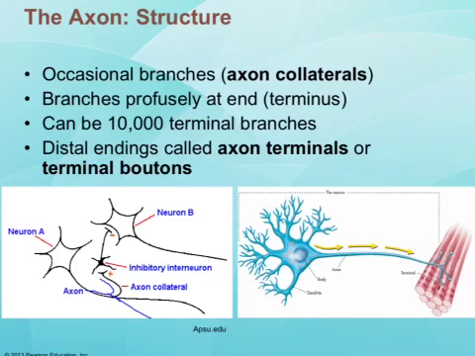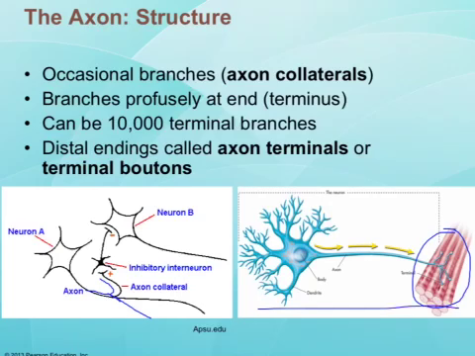However, no matter how many axon branches you have, at the end there are normally terminals with so many branches. You can see at this location here. For one neuron, it may have up to 10,000 terminal branches. Look at this picture here. What it targets is a skeletal muscle.